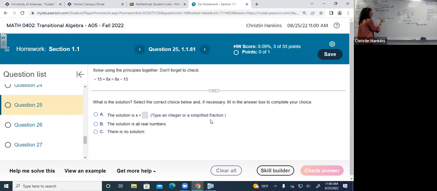You need to go through the steps of moving those variables and using your rules to make sure it does cancel out. When I do it this way, it's not going to cancel out because that is a -8 and a negative, so that needs to be -16. It did not go away there.